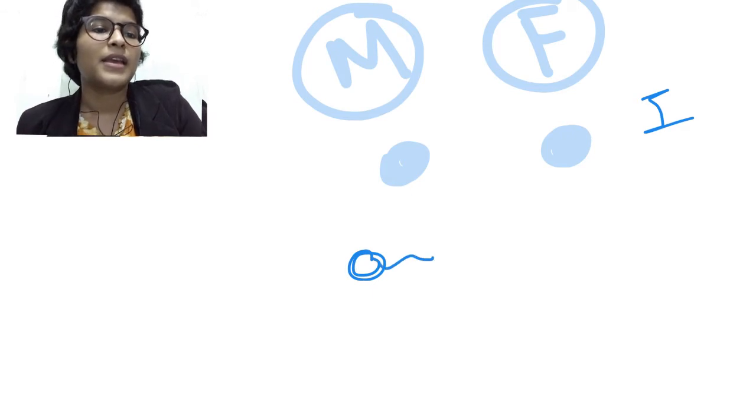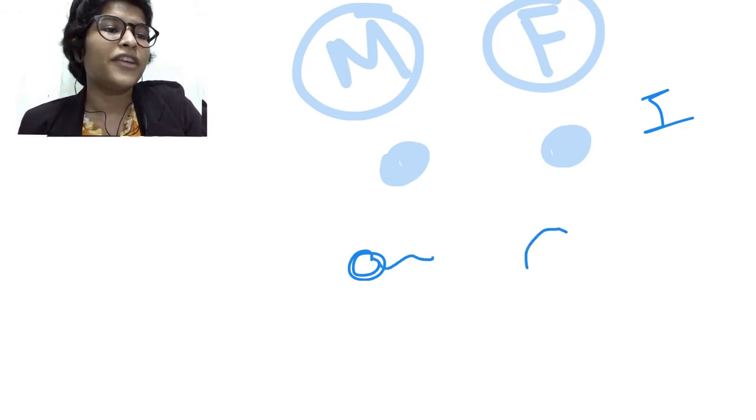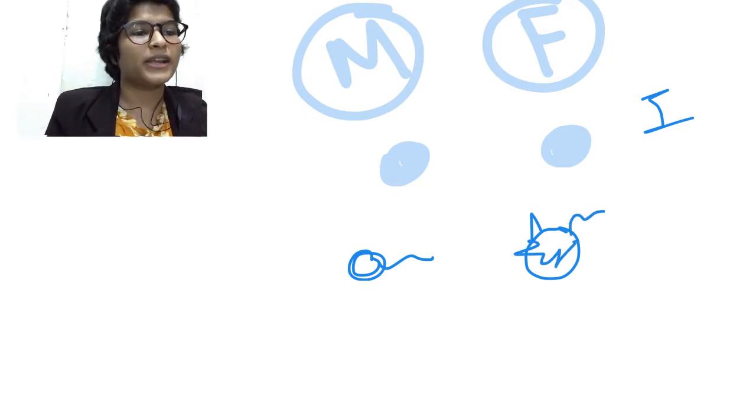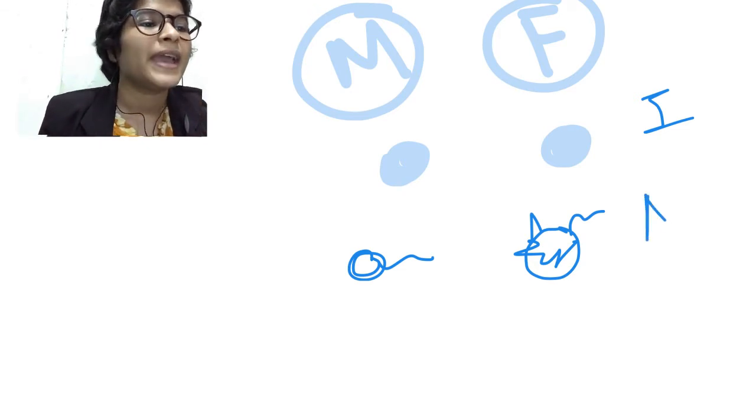Now, if the male gamete and the female gamete are different or a little bit different than each other, or their type of cilia or their flagella are different, then we call it anisogamous. Okay.